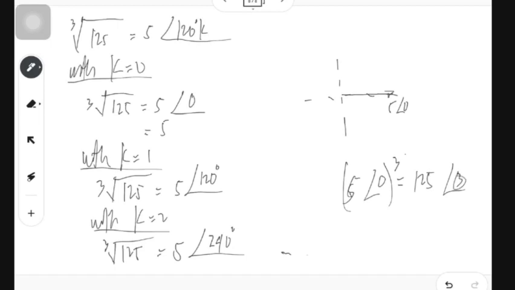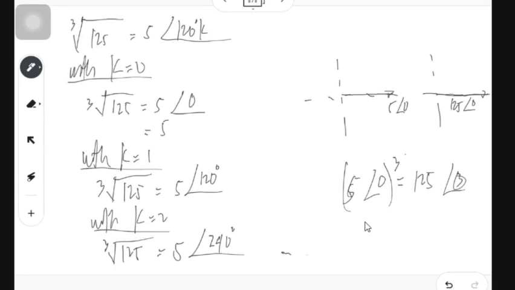Right? So, pagka ni-raise natin sa third power, ang position ng vector natin, andito. This time, it is 125 bar angle of 0. So, that is the first root.